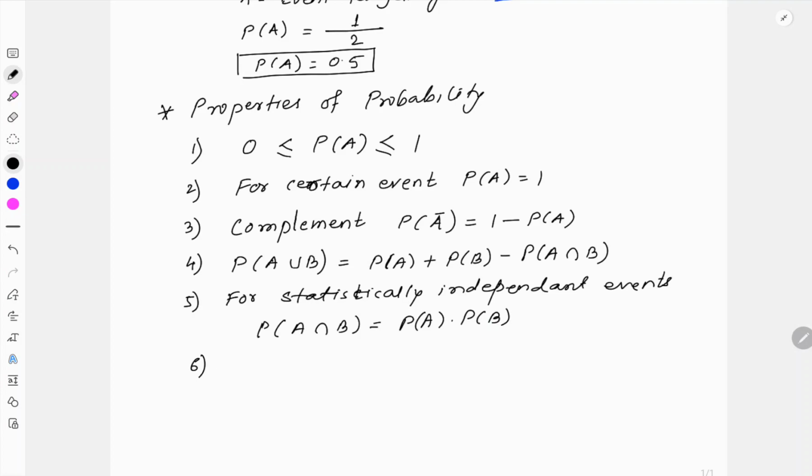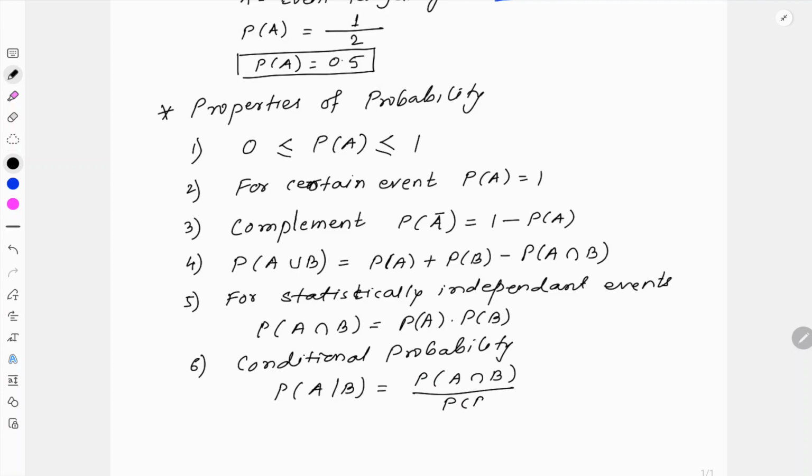Next property is the conditional probability. For conditional probability, if we have probability of A given B, then this can be obtained as probability of A intersection B divided by probability of B. So these are a few properties of probability.